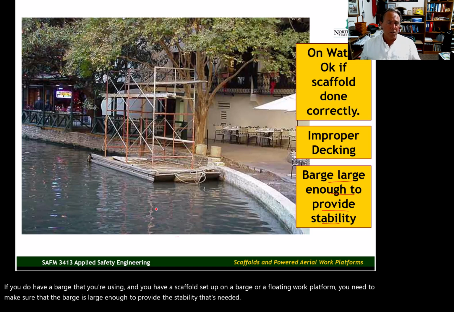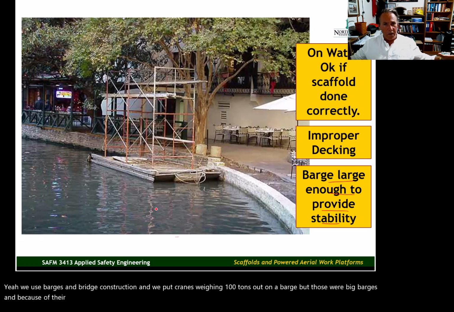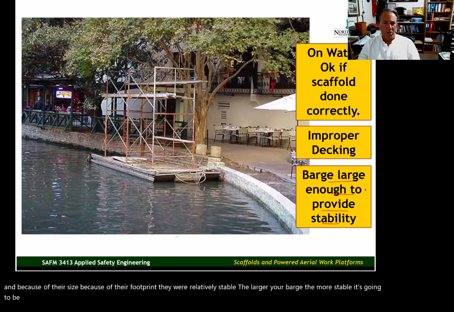We use barges in bridge construction, and we put cranes weighing 100 tons out on a barge. But those were big barges, and because of their size, because of their footprint, they were relatively stable. The larger your barge, the more stable it's going to be. The larger the footprint, the more stable it's going to be.